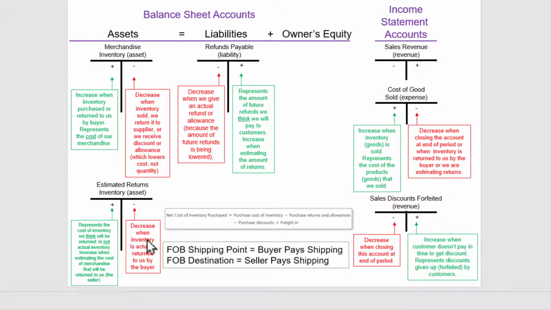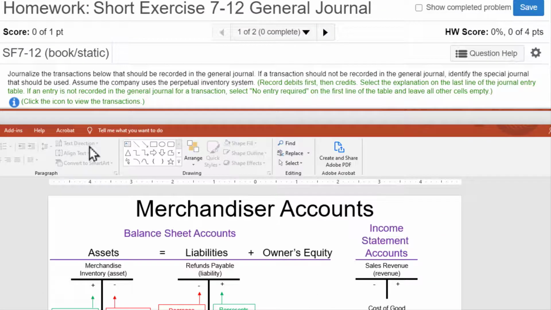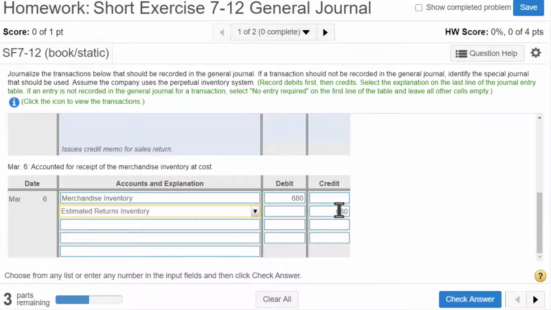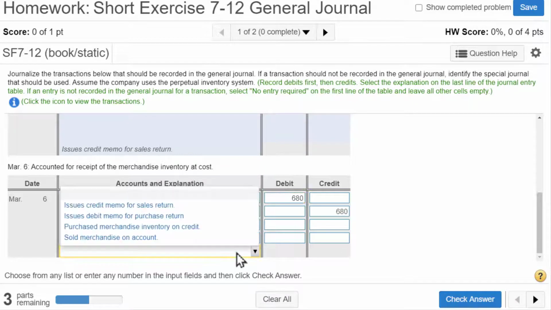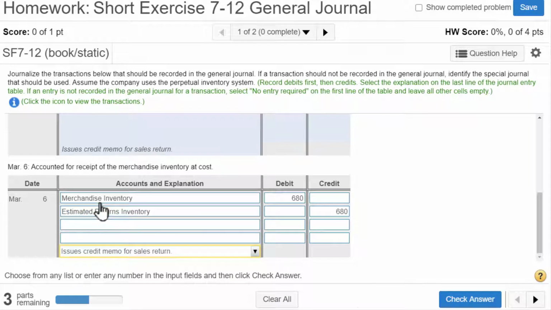And once we lower this, we will also at the same time increase the inventory account. So we've lowered the estimated returns inventory and moved that number into the inventory account because we actually have that inventory back on our shelves. So let's see here. We issued a credit memo for a sales return.